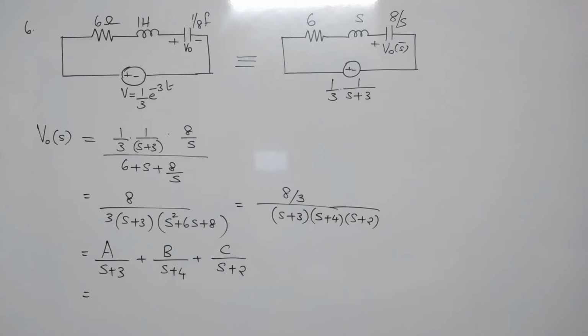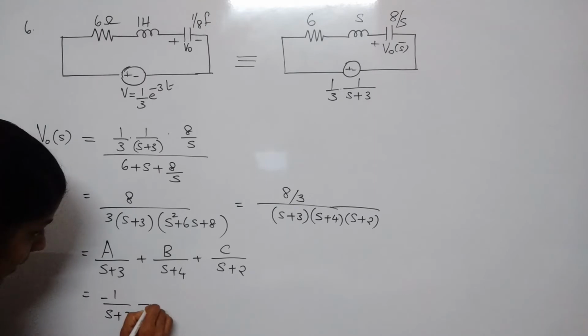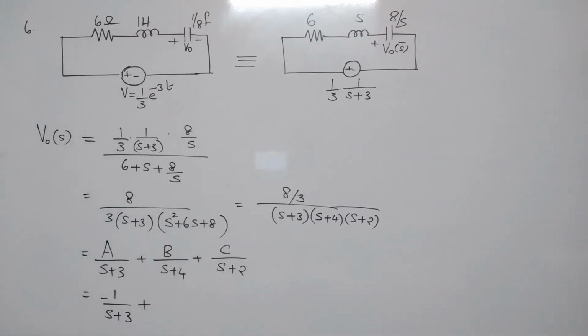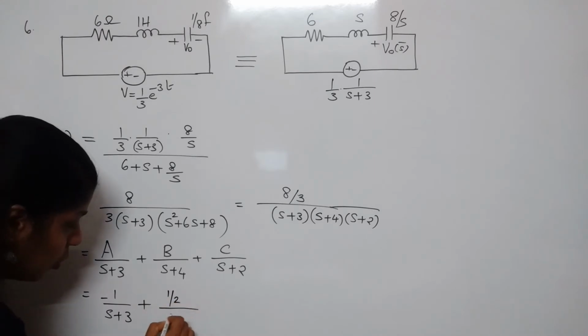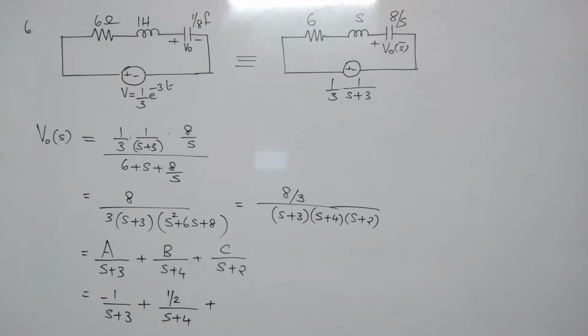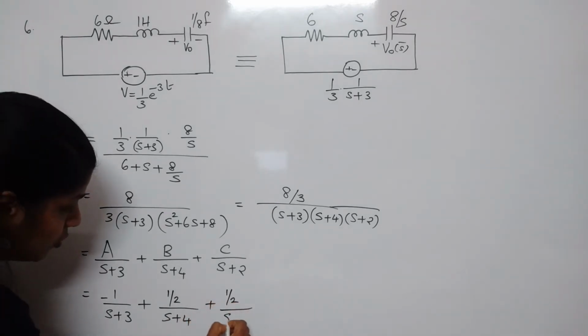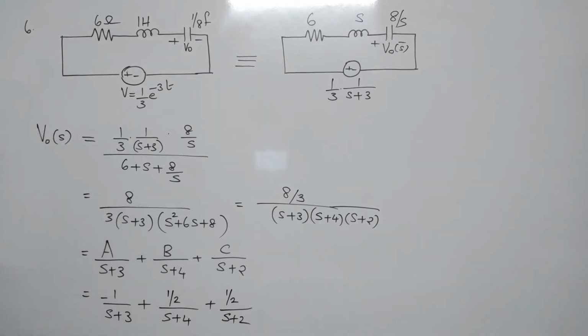This can be simplified and we'll get A will be minus 1 by S plus 3, B is 1 by 2 by S plus 4, and C is also 1 by 2 by S plus 2.